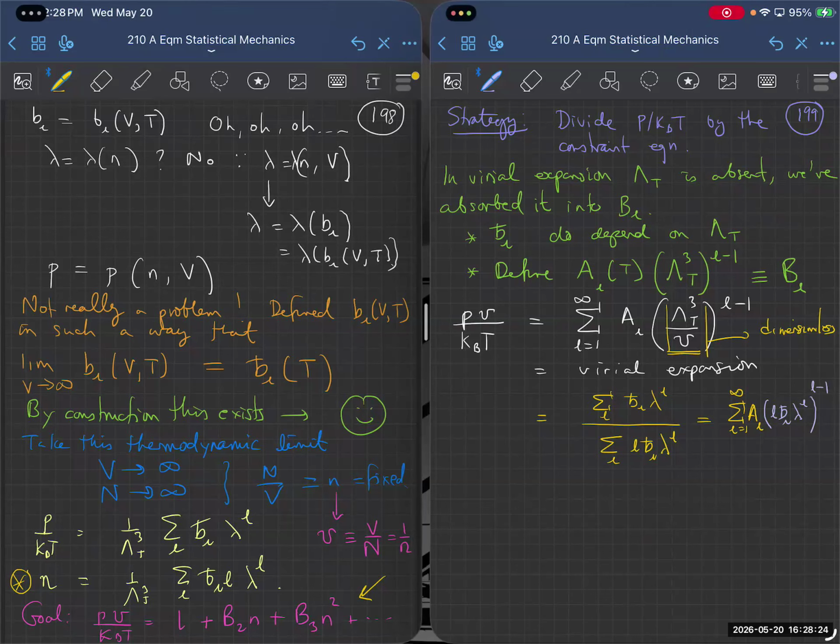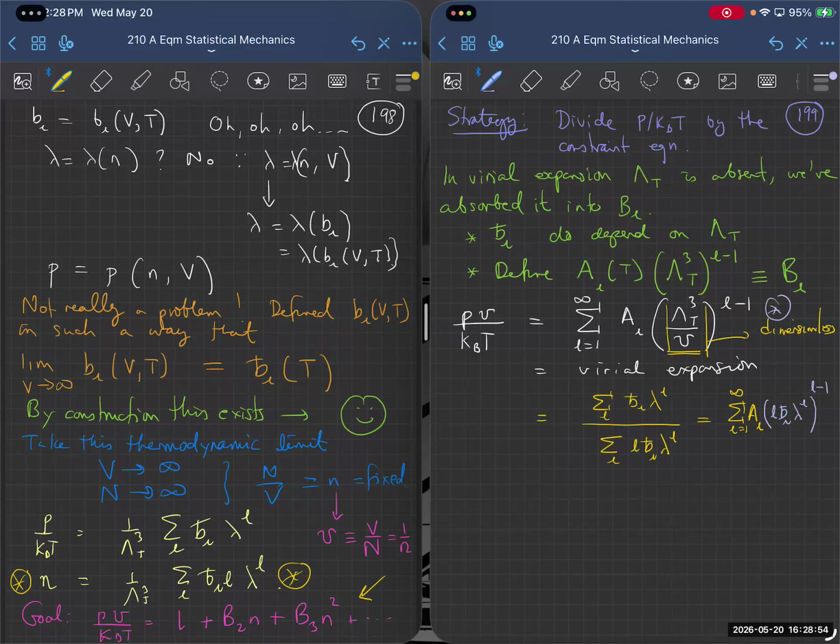All I've done is take this formula, where there's one over here, and stuff it into the right-hand side, and then use the dividing of those two things to get that. So basically what I've got is the ratio of two infinite sums equals the sum over these coefficients of another infinite sum that is raised to the L minus 1 power.